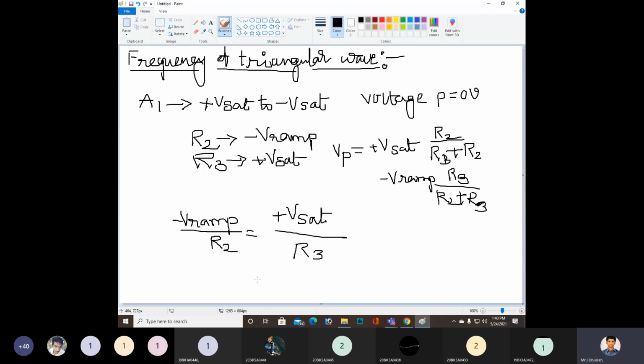Therefore, minus V ramp is equal to minus R2 by R3 times plus V saturation.